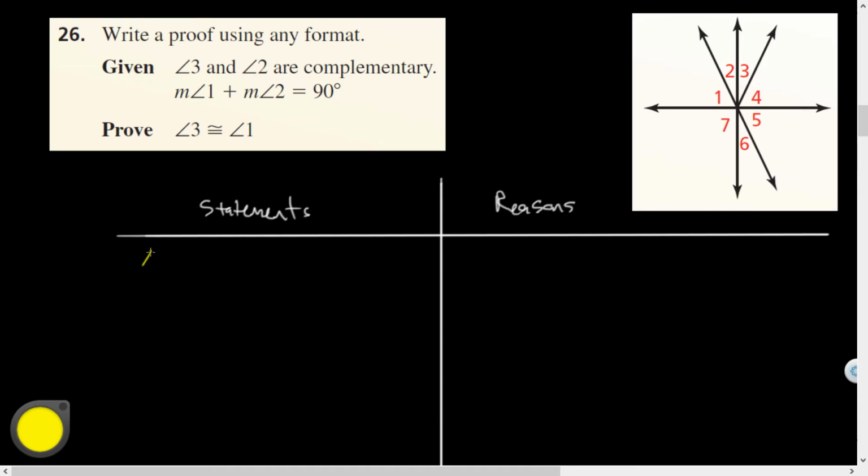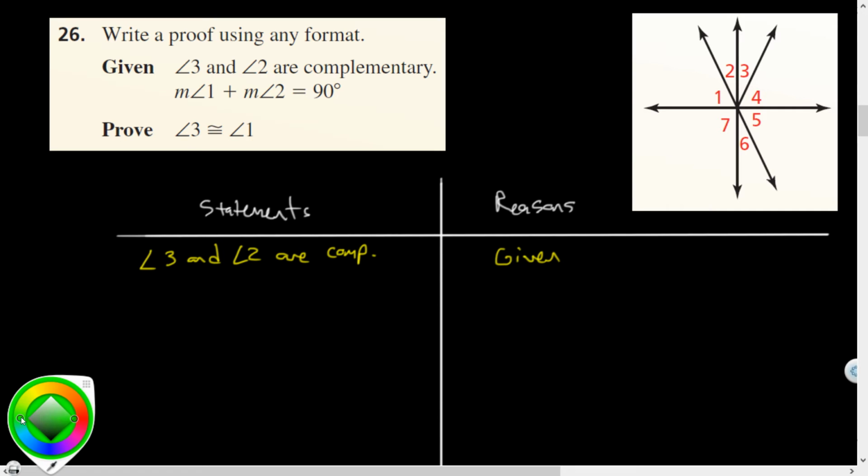I know that angle 3 and angle 2 are complementary. The reason that's true is given. In my little sketch, this doesn't at all look to scale, but if I knew that those two angles add up to 90, okay, complementary.